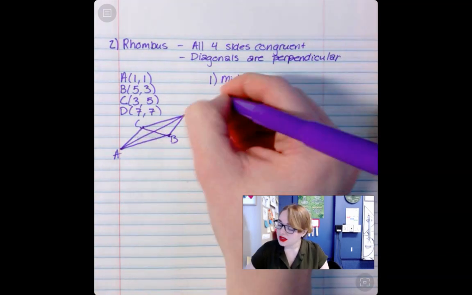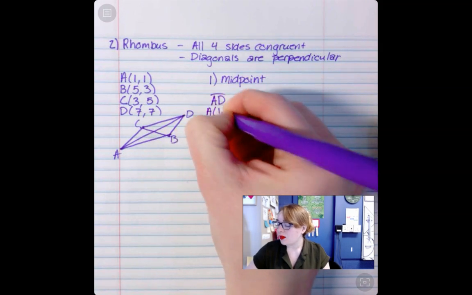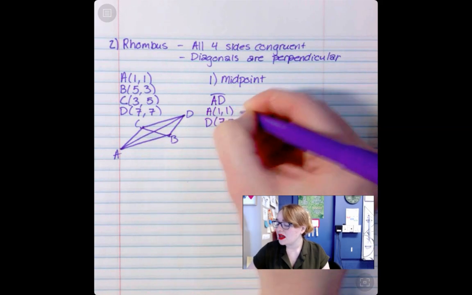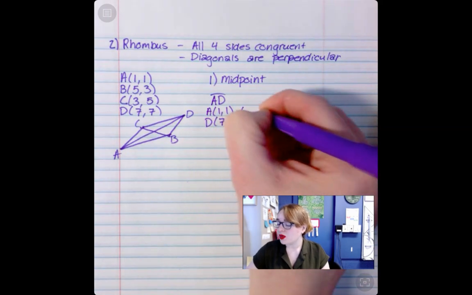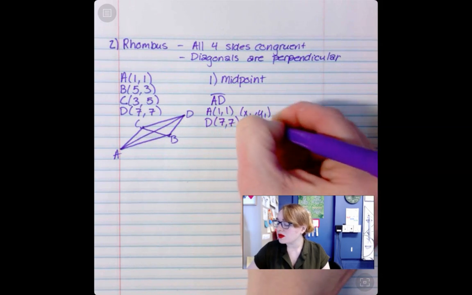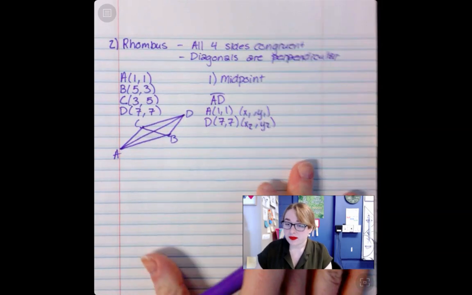So let's find A to D first. Point A is at 1, 1, and point D is at 7, 7. I'm going to pick A to be my x1, y1, and D to be my x2, y2. And we're just going to plug that into the midpoint formula.